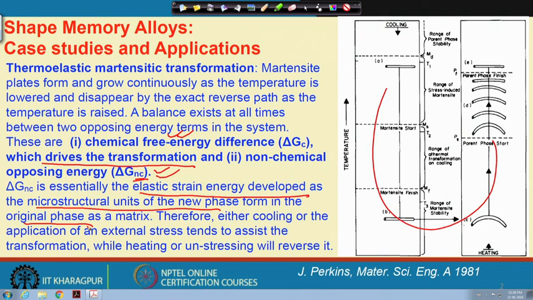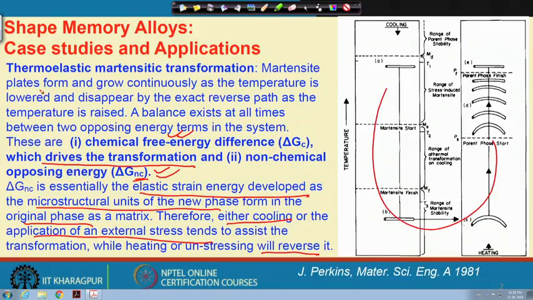Therefore, either cooling or the application of external stress tends to assist the transformation, while heating or unstressing will reverse the transformation. So, in order to obtain a shape memory effect, this thermoelastic nature of the martensite is very important.